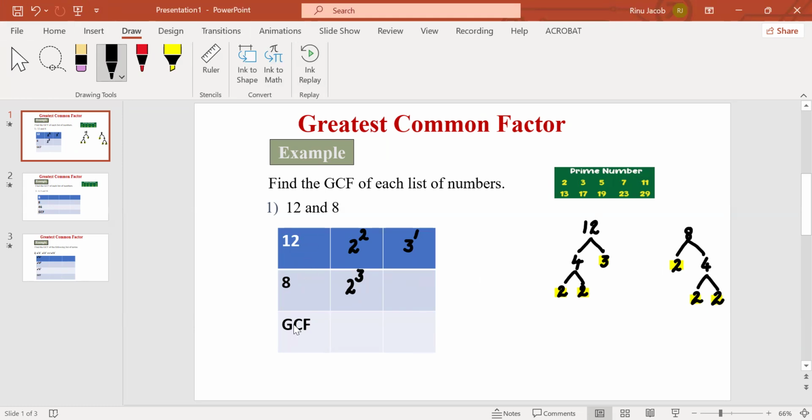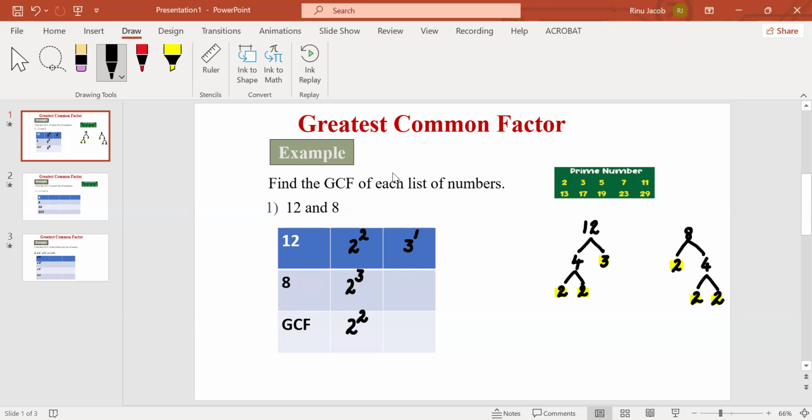Now let's focus. To find the greatest common factor, we have to compare the numbers and take the lowest power. So that means we all know power 2 and power 3, the lowest power is power 2. So I'm going to write it as 2 square.